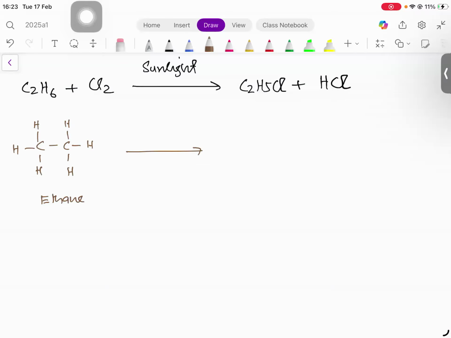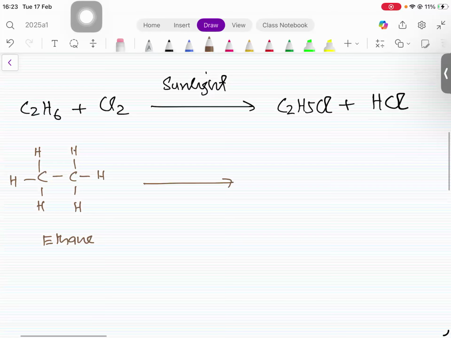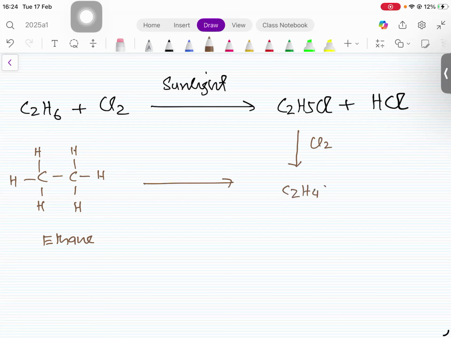Okay, so when chlorine reacts with ethane, the first product is C2H5Cl. Then it reacts with Cl2 again and makes C2H4Cl2 plus HCl.